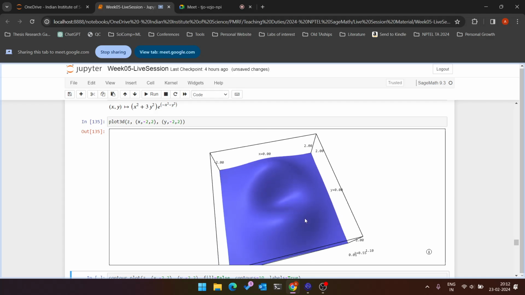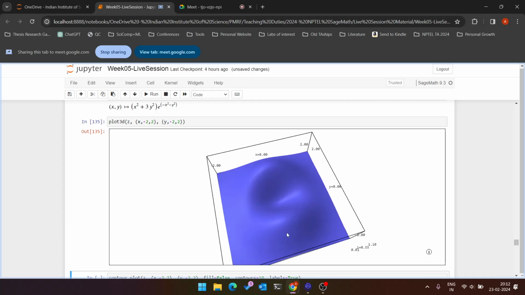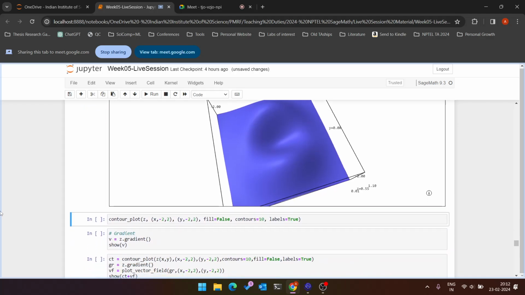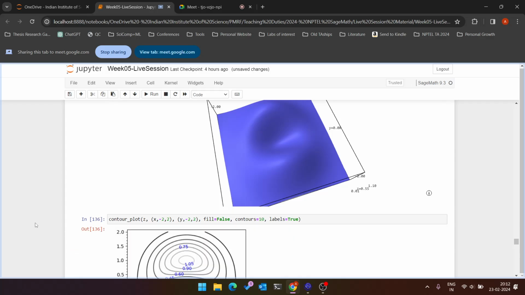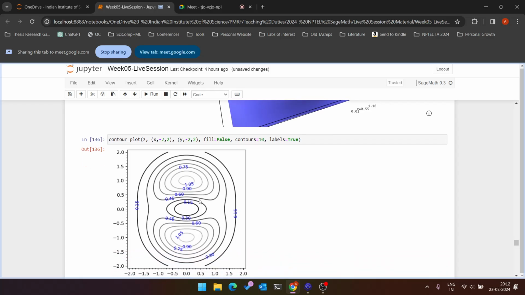The contour should have, say, two hills separated by a valley in between. If I do a contour plot, this is what we expect. You've got two hills, a sort of depression in between, and then away from it, things are rapidly decreasing.